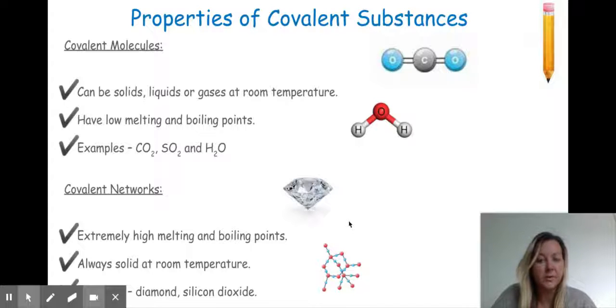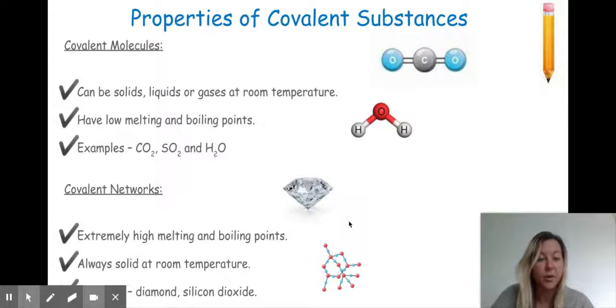They have low melting and boiling points. So some of their melting and boiling points might melt at -10, they might melt at 0 degrees Celsius like water does, and boil at 30, 40, 50 degrees. Now that means that they can be solids, liquids or gases around any of those temperatures.